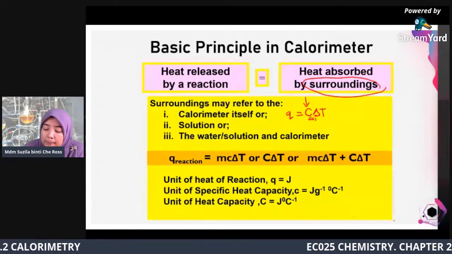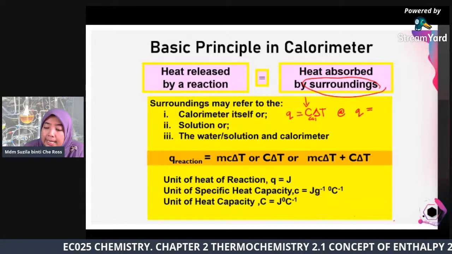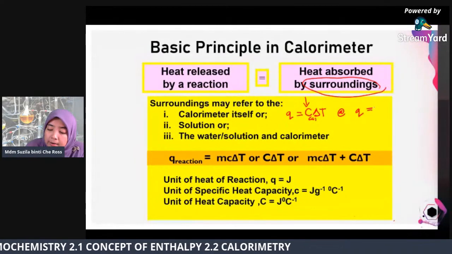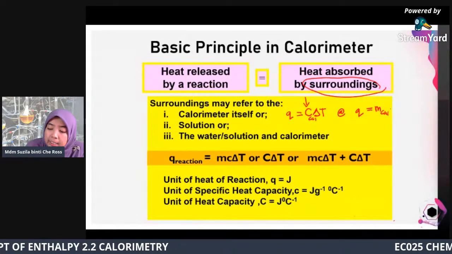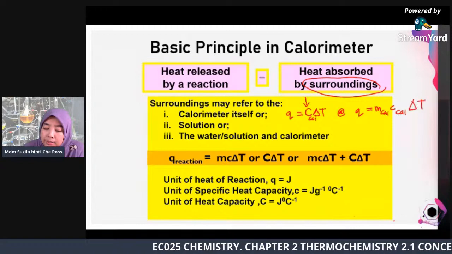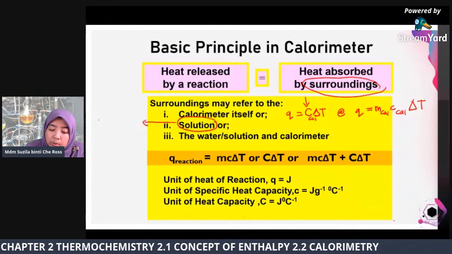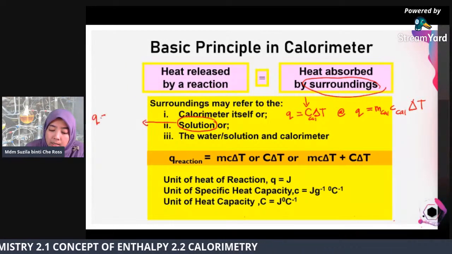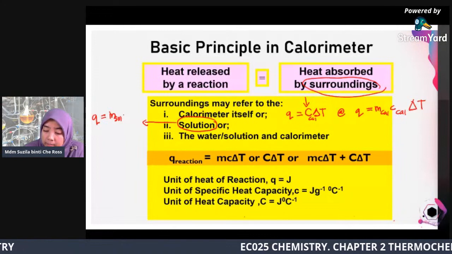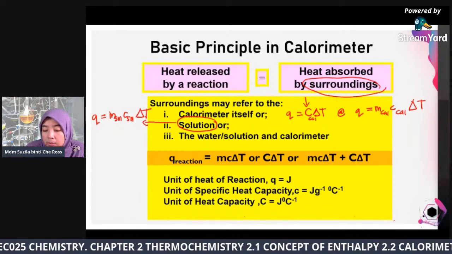Or if the question gives the mass of the calorimeter and the specific heat capacity of the calorimeter, you can use this formula: mass of calorimeter, specific heat capacity of calorimeter and delta T. Or your surrounding may include the solution. For the solution, we just use the formula Q equals mass of solution, specific heat capacity of solution and delta T. Or the surrounding involves both, the water or solution and the calorimeter.